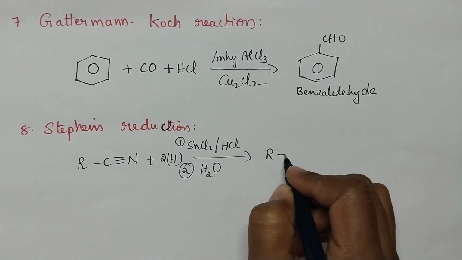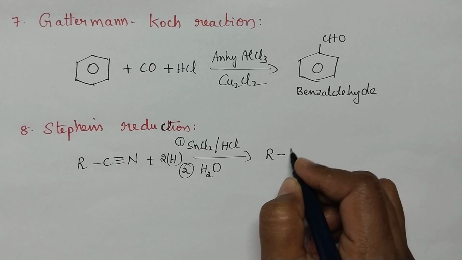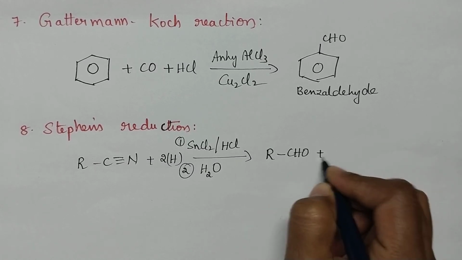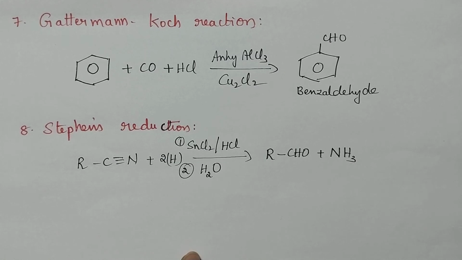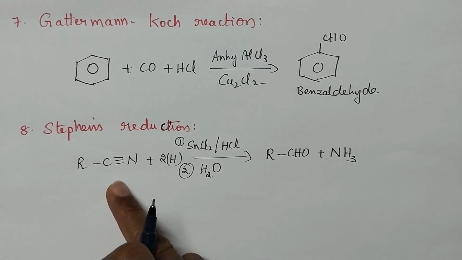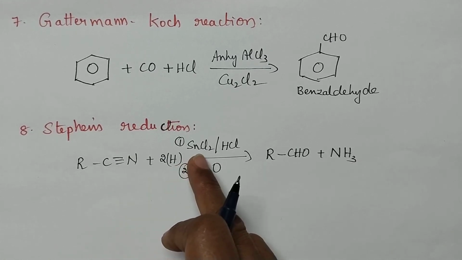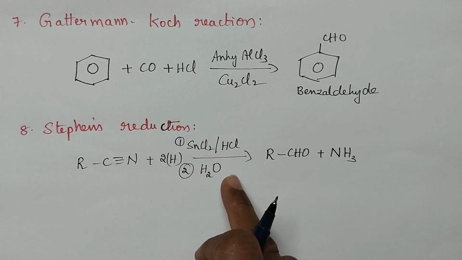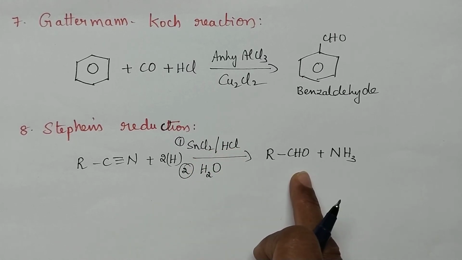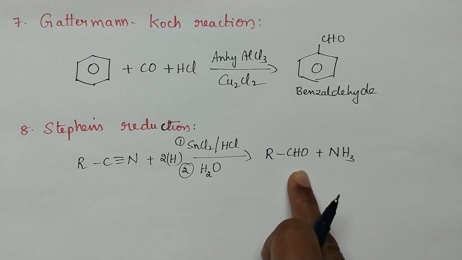Then it results in the formation of aldehyde. So in Stephen's reduction, what happens? The cyanide is reduced in the presence of stannous chloride and HCl, followed by hydrolysis. Then it results in the formation of the corresponding aldehyde.